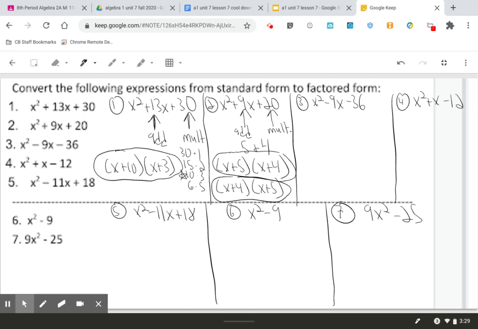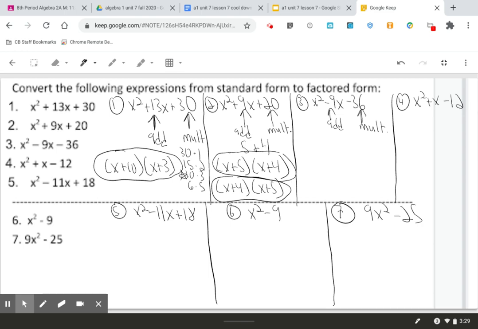Number 3, now it's going to get a little trickier because now we're throwing negatives in there. So I'm going to do my add-multiply thing. I need to figure out two numbers that when I add them, I get -9, and when I multiply them, I get -36.